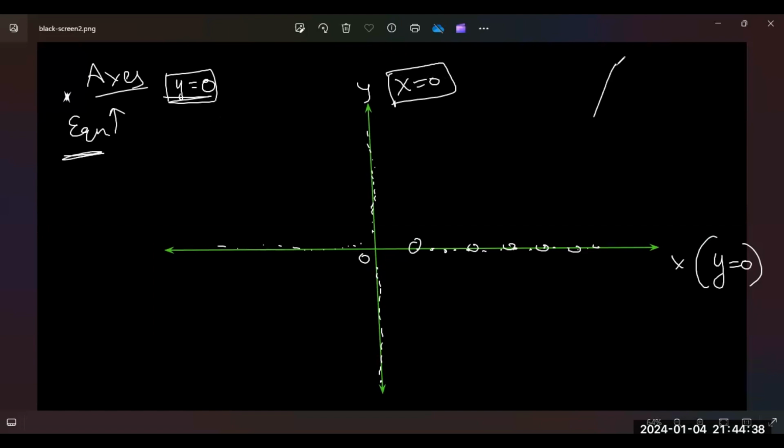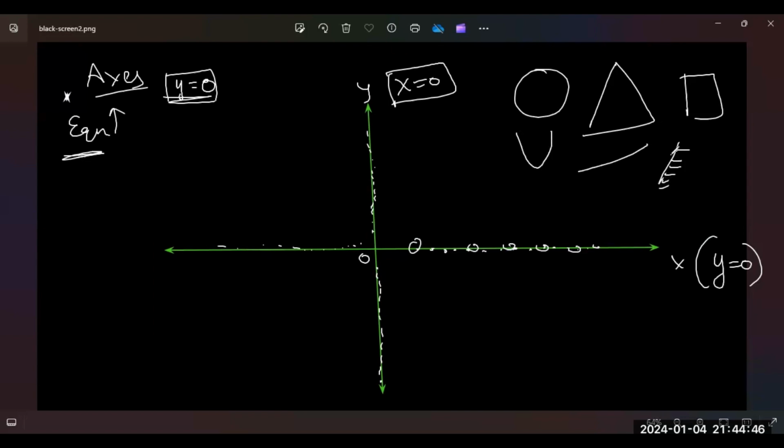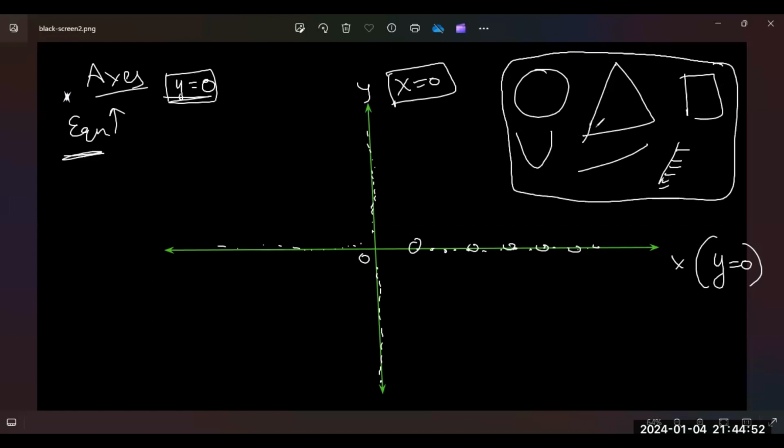So when I say a triangle, a square, a circle, a parabola, a line, an inequality, all of these are figures of geometry, right? And what coordinate geometry uniquely does is translate all of this into an equation.